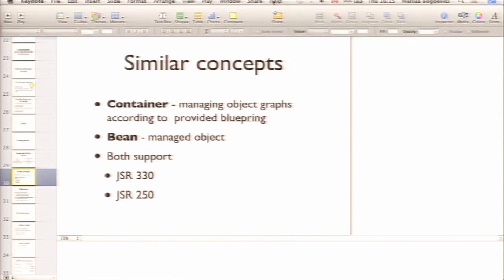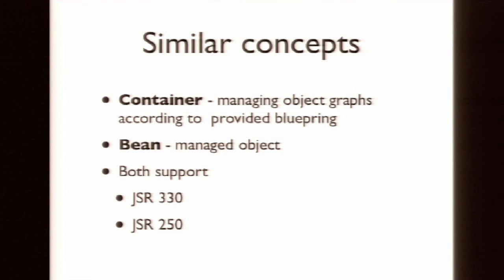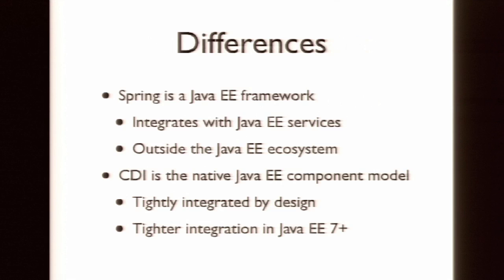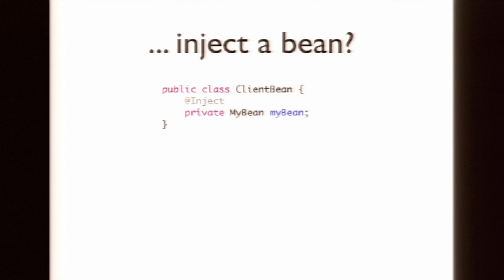You have the managed object, which is a bean. Both support standards like JSR 330, which is @Inject, or JSR 250. So if I write a class using @Inject, like here, I can tell what kind of bean this is. It's very easy to understand. That's my point.